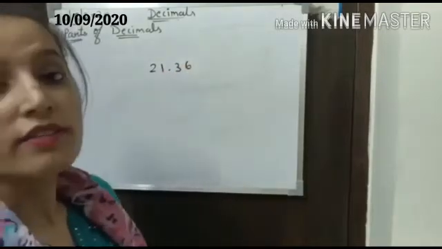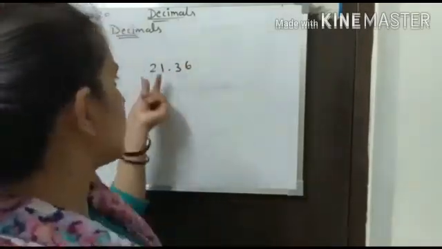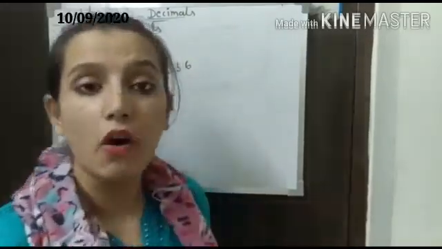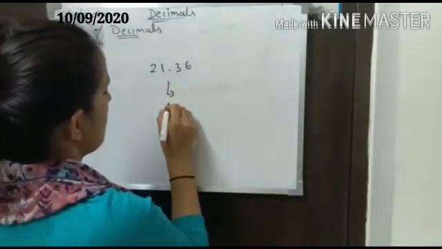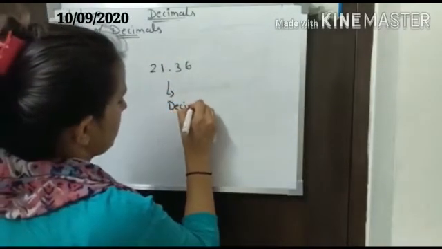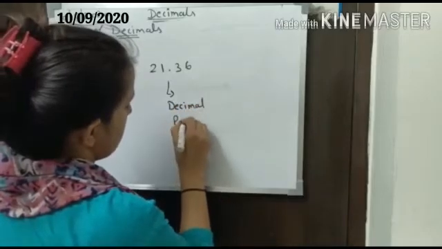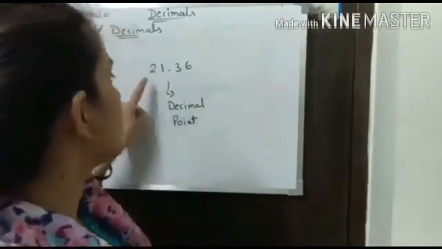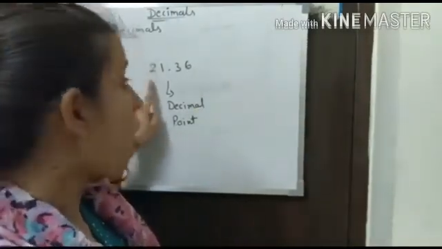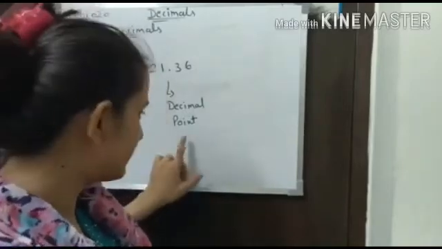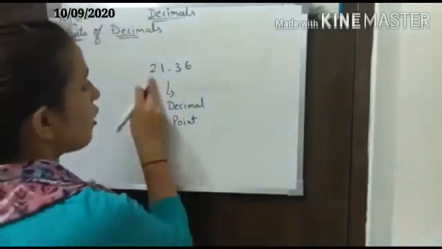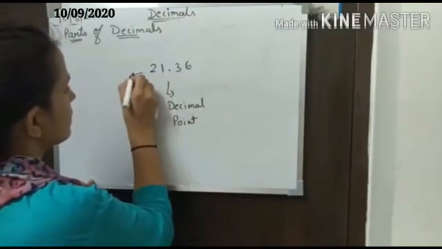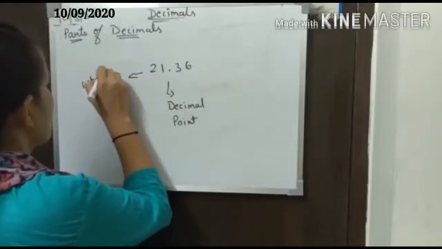The point between the 21 and 36, this point is called the decimal point. And the number on the left side of this decimal point is called the whole part.